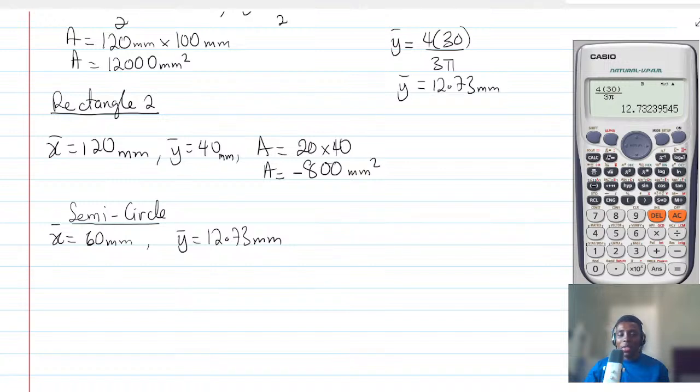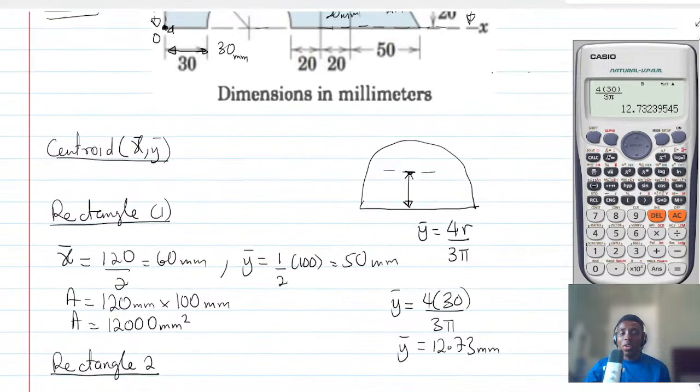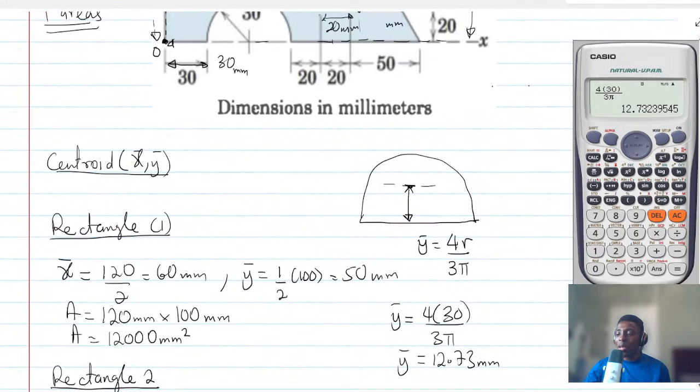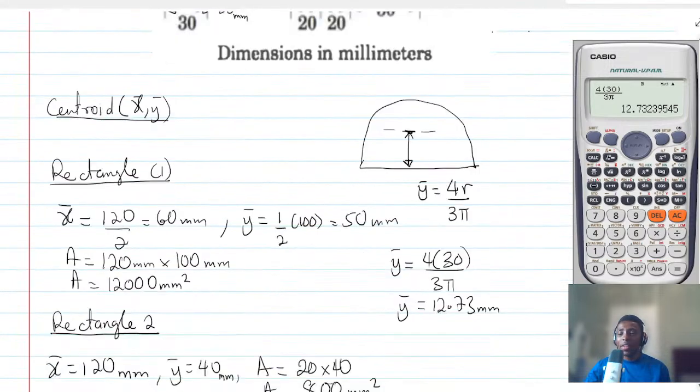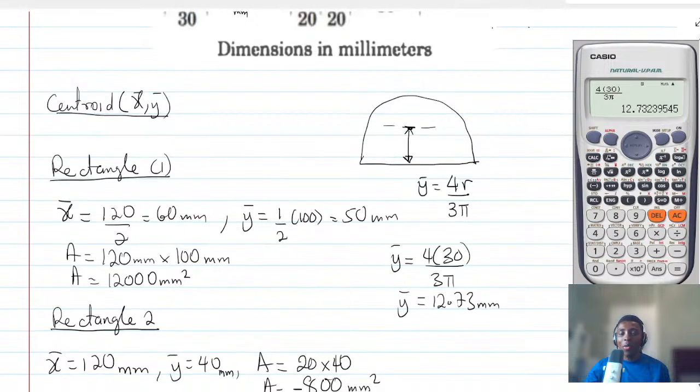Any question up to this point? Okay. So this is only special to a semicircle, and then a quadrant sometimes. So 4r over 3 pi.